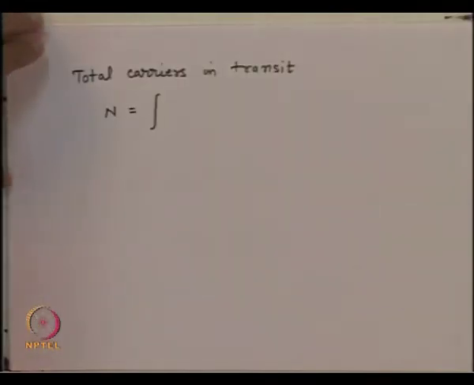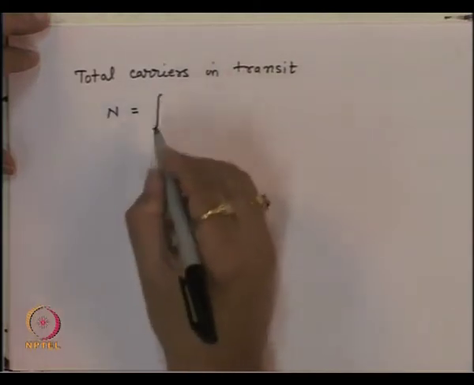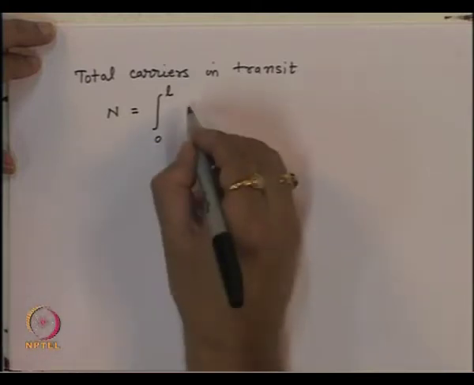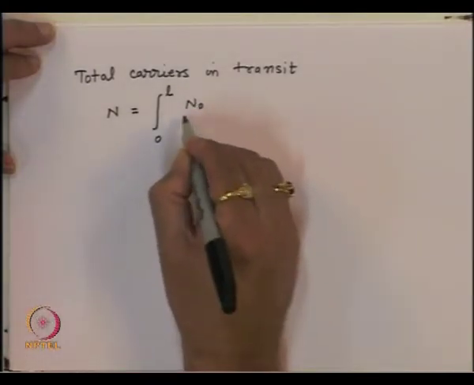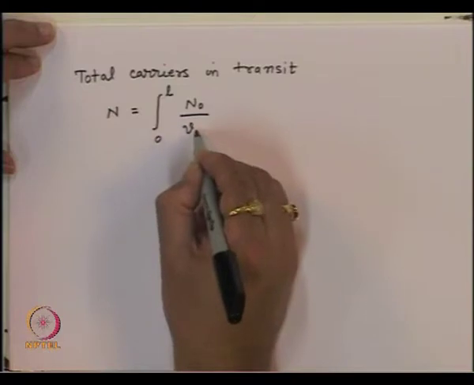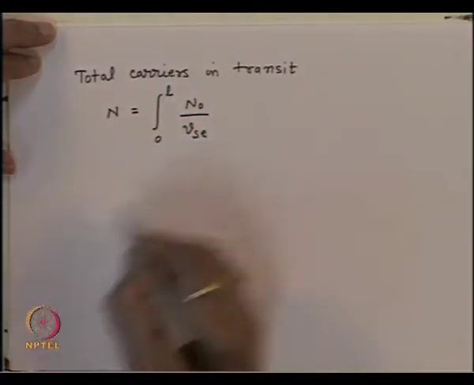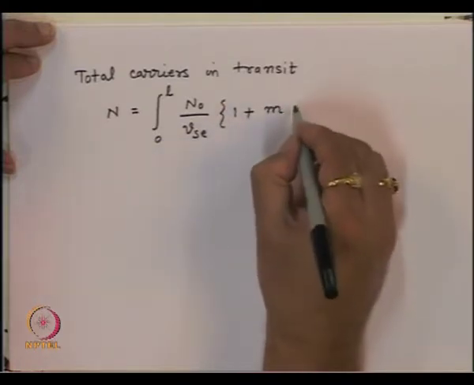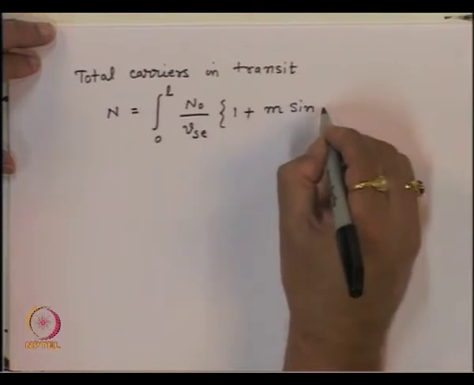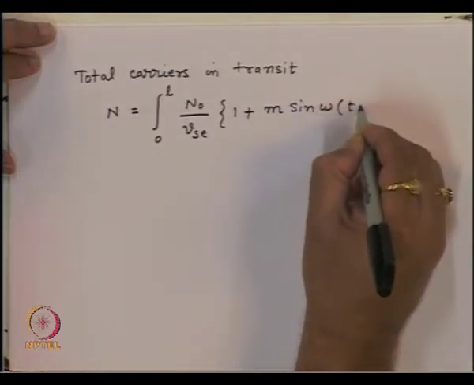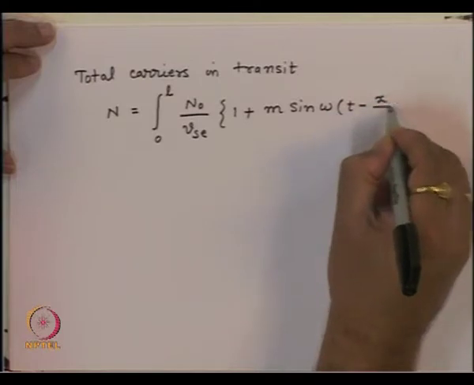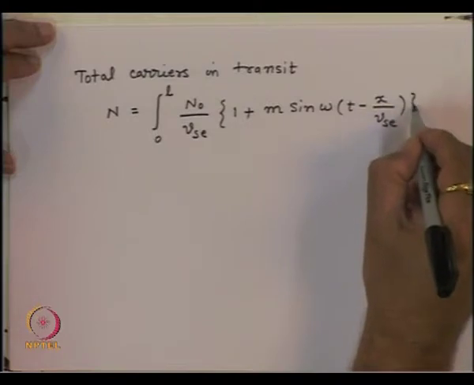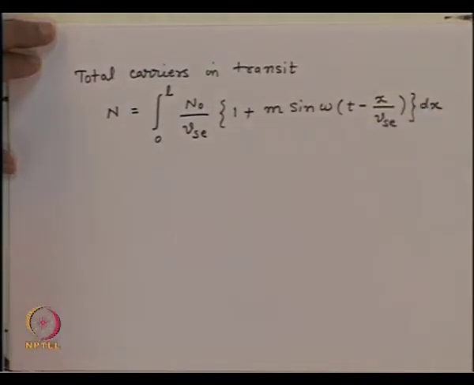So, we find the total carriers in transit, which will be the integral from 0 to L of n0 upon VSE into 1 plus m sin of omega t minus x upon VSE, dx.